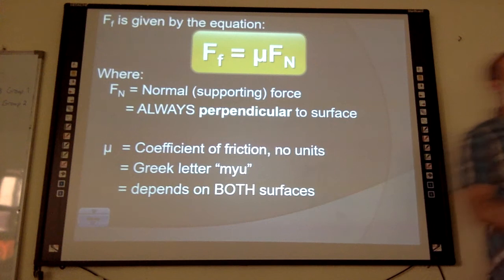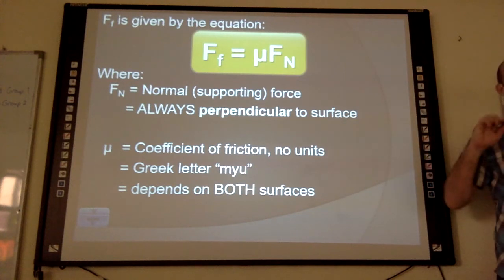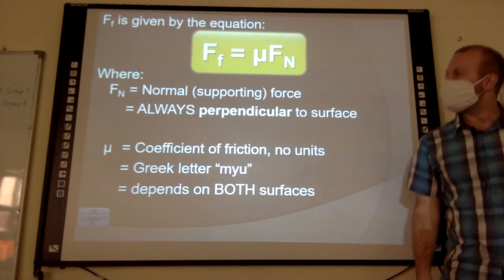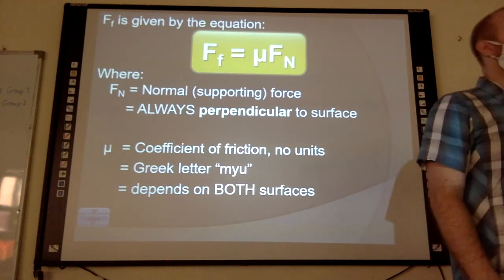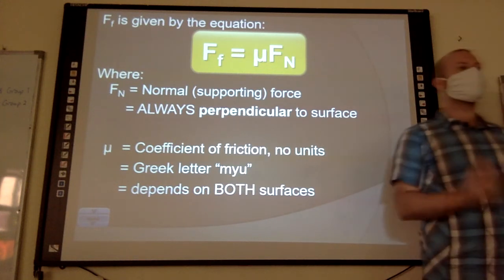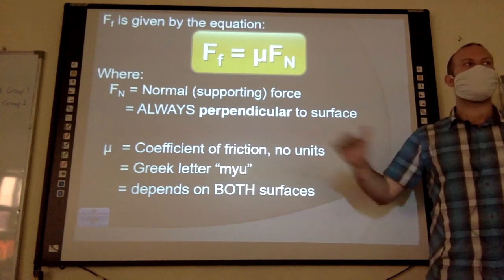So mu is our coefficient of friction. For this, there are no units, so you don't need to remember the units. As I said, it's a Greek letter. And this value depends on both surfaces. So depending on what two objects you have that are in contact, it's a different value.